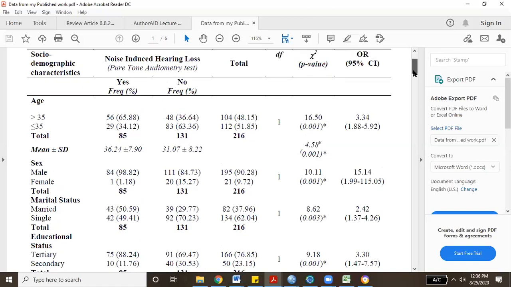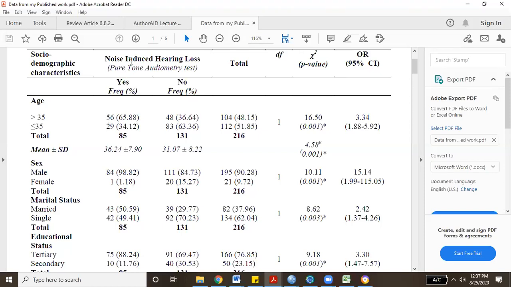For the first one, which is the age, I dichotomized my age into 2 groups, those that are greater than 35 years and those that are 35 years and below. So I looked at these 2 groups, which of them will have more noise-induced hearing loss, okay? As you can see from here, I interviewed 216 respondents overall.